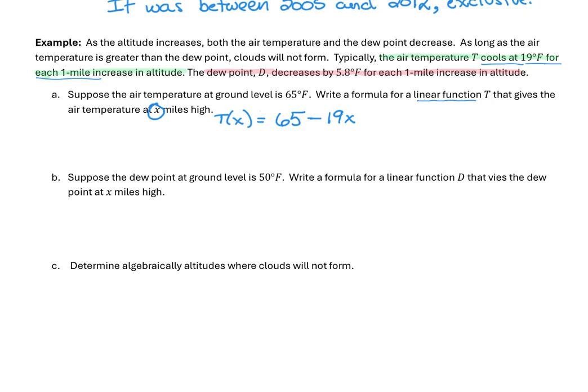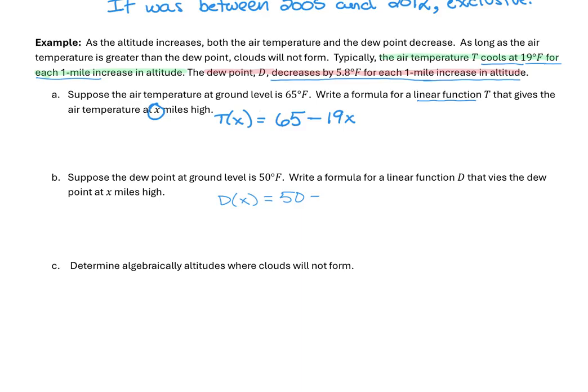If you can figure out what word that is, let me know. Okay, so same thing. We have d of x. We are starting at 50. And it says that it decreases by 5.8 degrees Fahrenheit for each 1 mile increase in altitude.